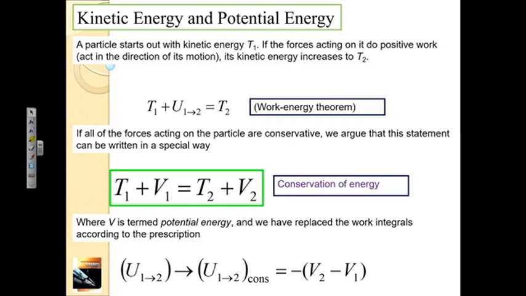So in the event that I don't have any frictional losses, I don't have anyone pushing on this bicycle, I don't have a motor dropping in torque, here's what we've got: conservation of energy.